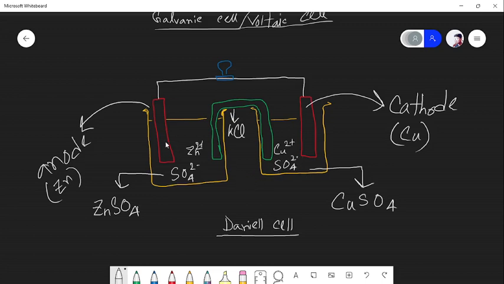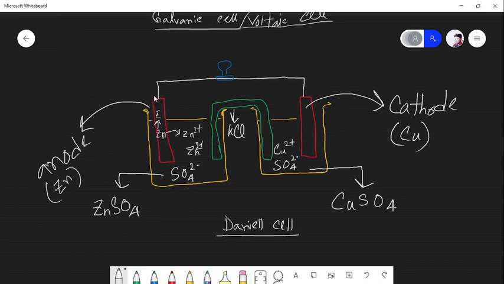Now, what happens here is, at this electrode, this anode is made up of zinc, right? So here zinc donates an electron to this anode and joins this solution as a zinc cation.